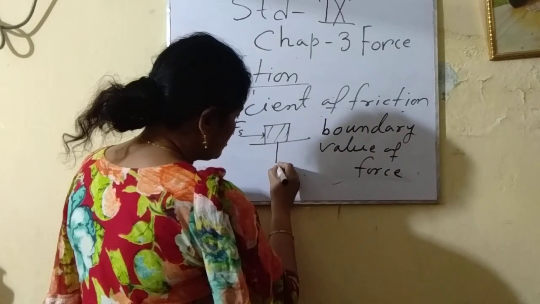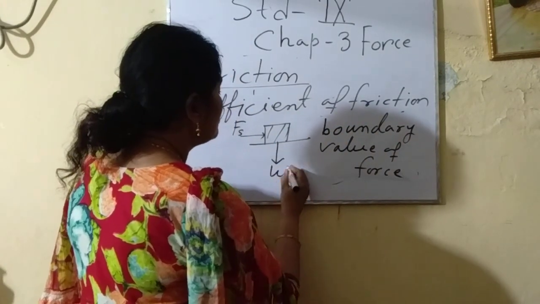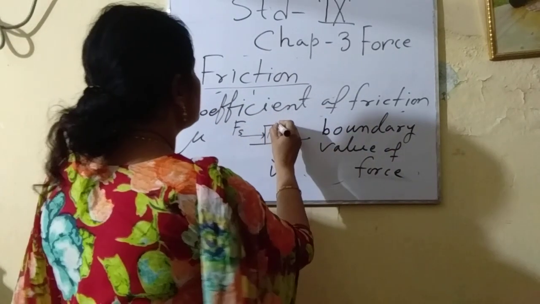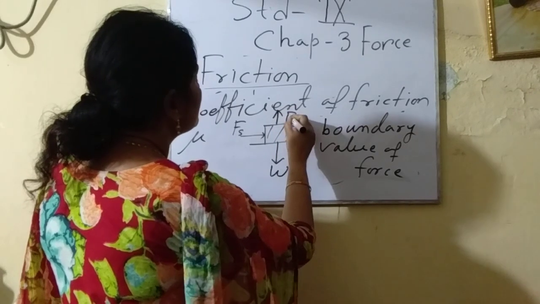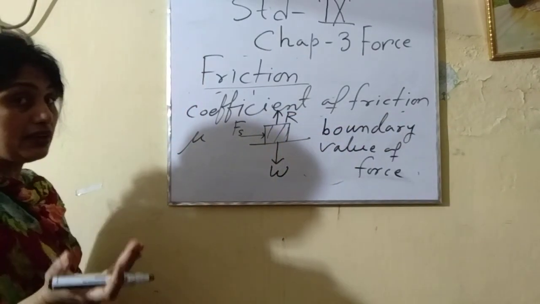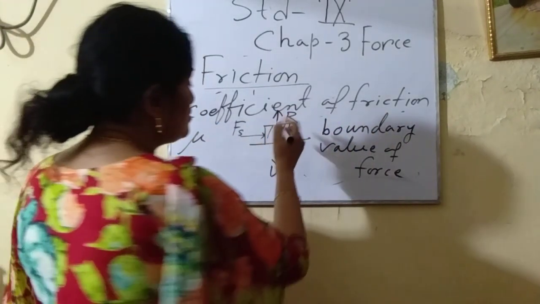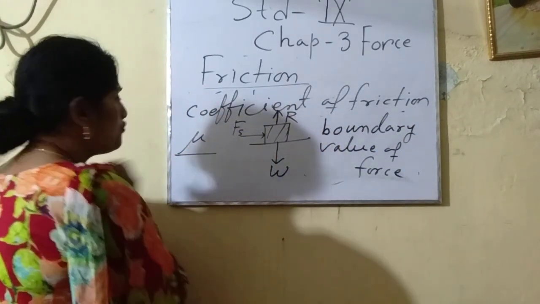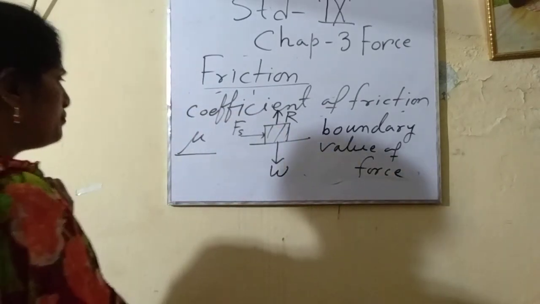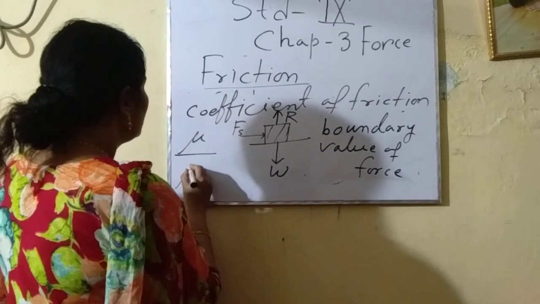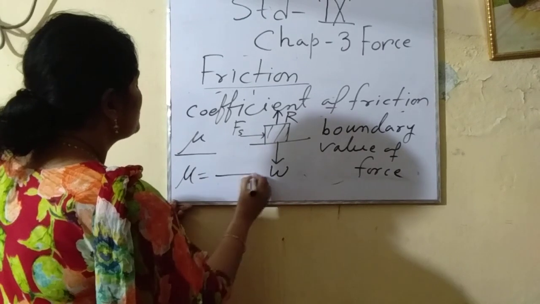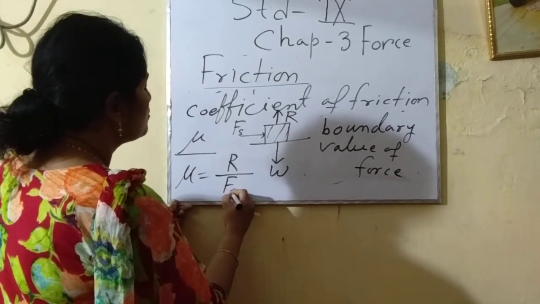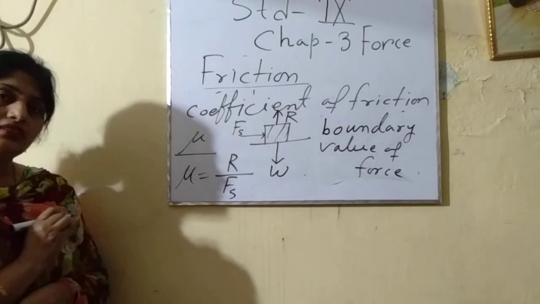The weight of the box is W, which acts downward, and the reaction force, you know, every action has an equal and opposite reaction, so the reaction force is upward. The coefficient of friction, that means mu, is the ratio of the reaction force to the boundary value of force. You understand?